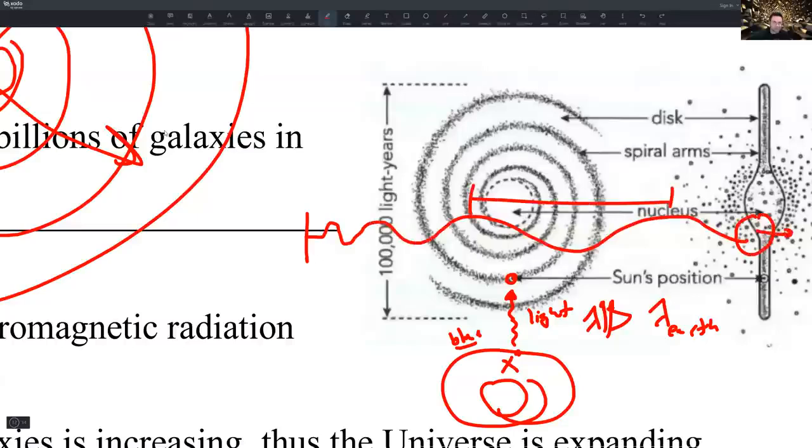The only way that can happen هي إن السورس بتاعت الwave that's emitting the wave to me, يعني أنا واقف هنا بتفرج عليه, بتstretch الwave. Why? Because it's moving away from me.